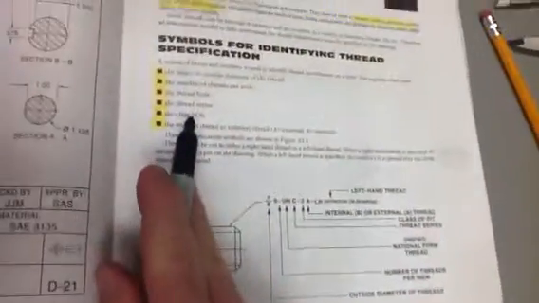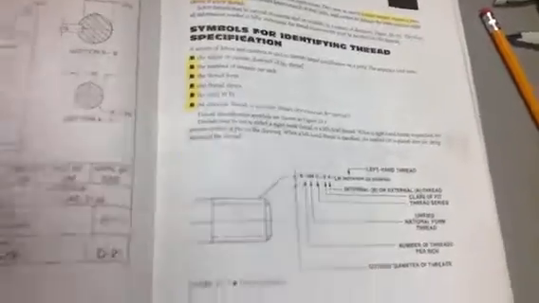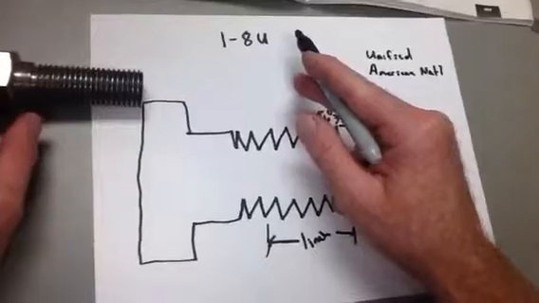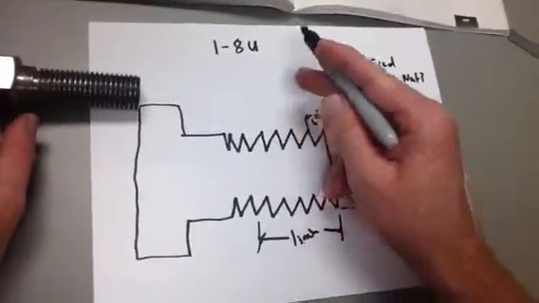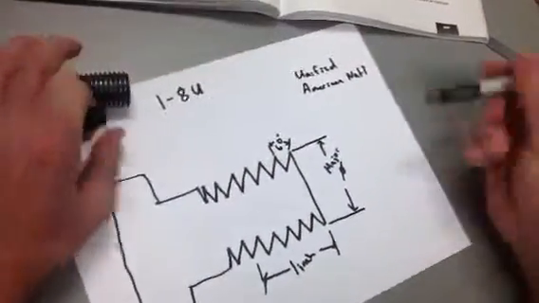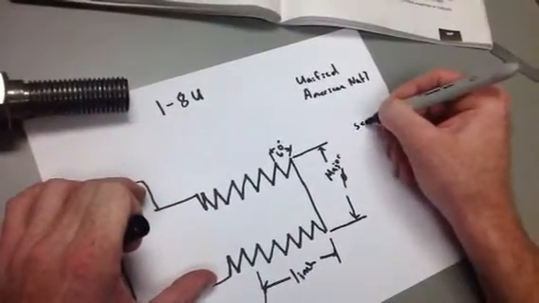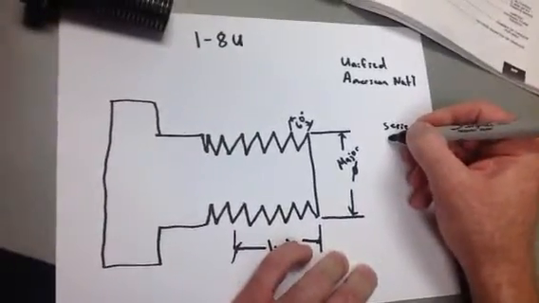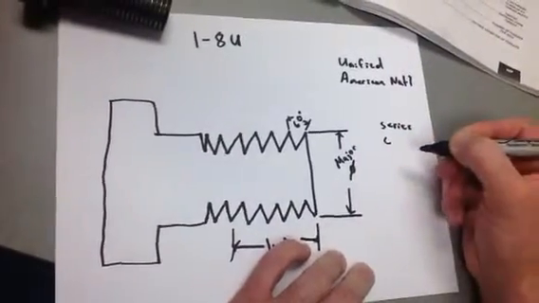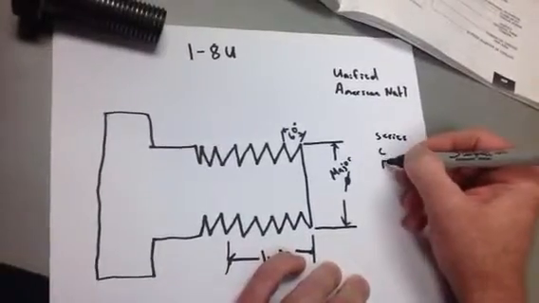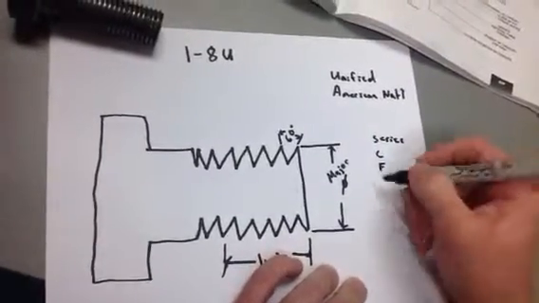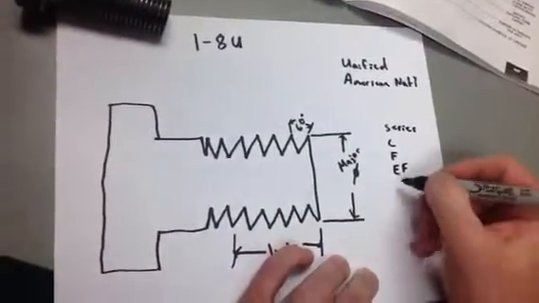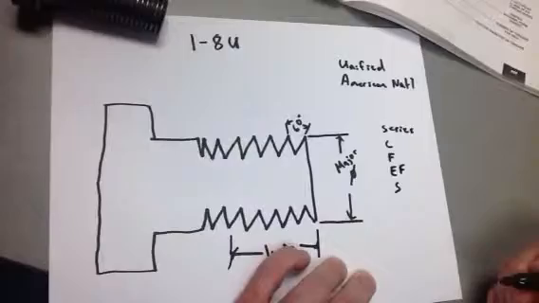If you look up here, they talk about thread series. This is our form, and then we go to thread series. Now, in order to understand what the thread series are, there's a lot of different thread series possibilities. Some possibilities for series: you could have C for coarse, F for fine, EF for extra fine, S for special.